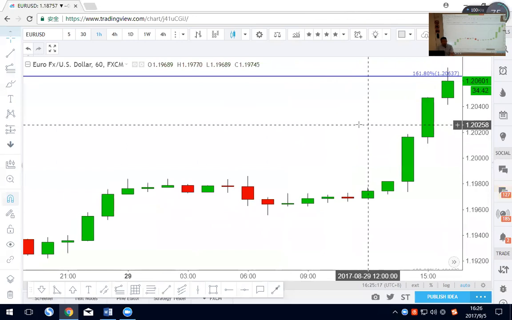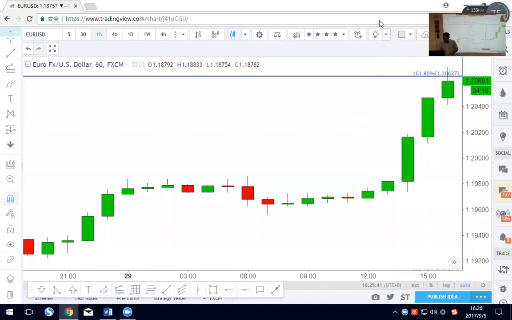However, when the price first came to here, what do you think, guys? Is there any bearish signal coming to here already? Do you see the candle? We only see it cannot close above it, but is there any bearish sign yet? No, right? So you have to wait, right?